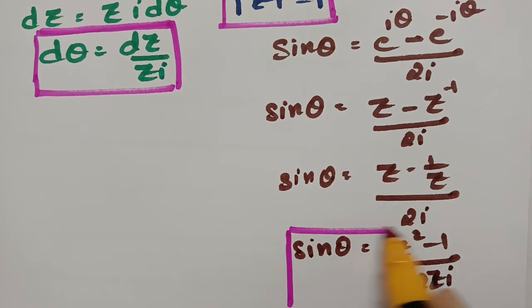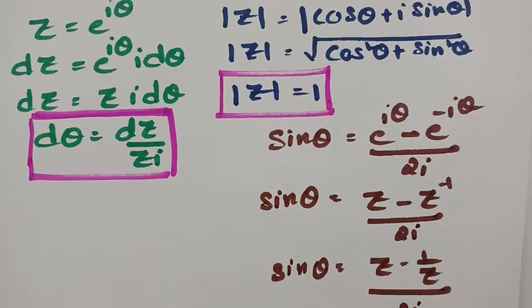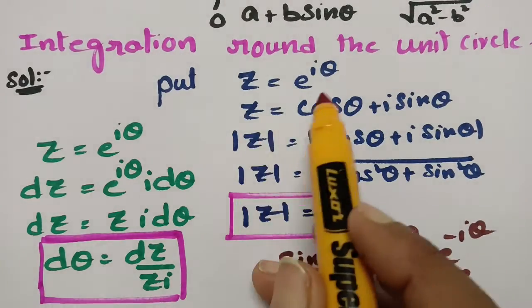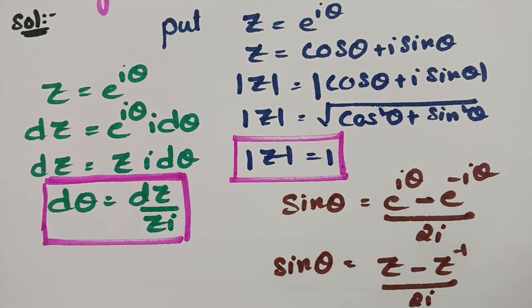After getting sine theta, d theta, and mod z is equal to 1: first of all I have taken z is equal to e power i theta, and we got a unit circle here. This is the integration around the unit circle.